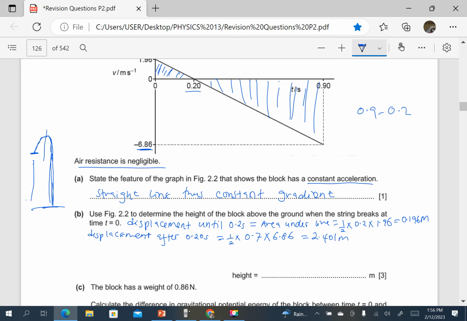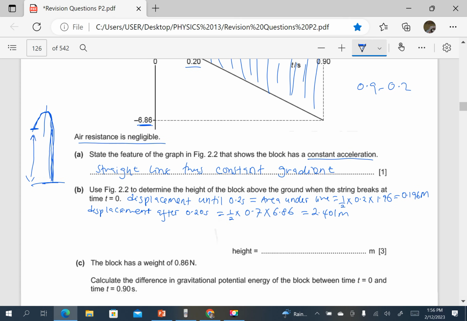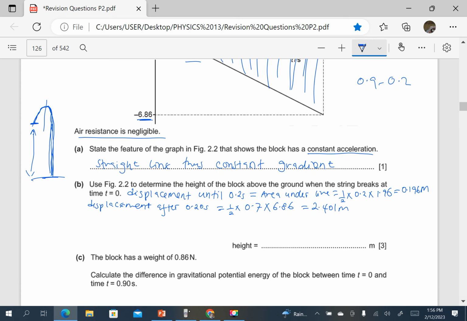So we want this height here. This is the distance before, this is the distance after 0.2. So we want the height at the point when the string breaks. So the height is going to be equal to 2.401 minus 0.196.